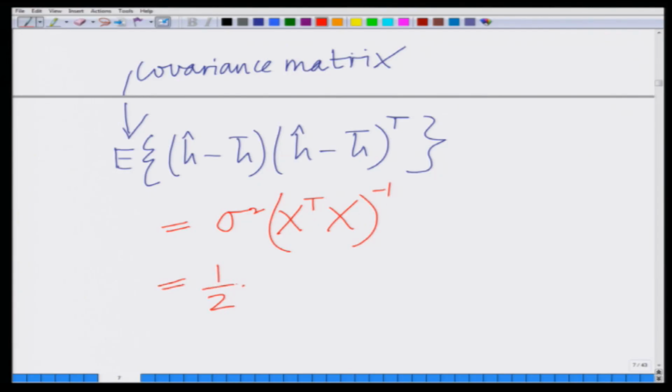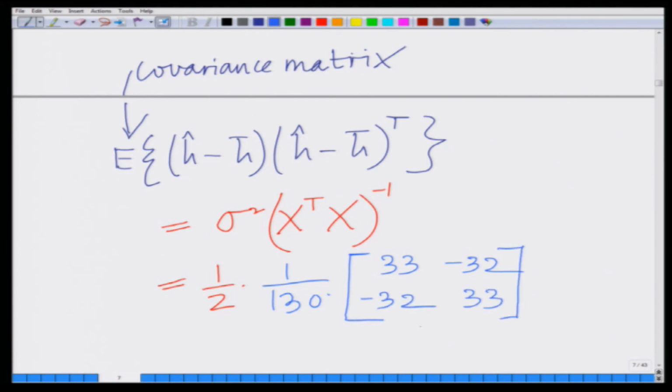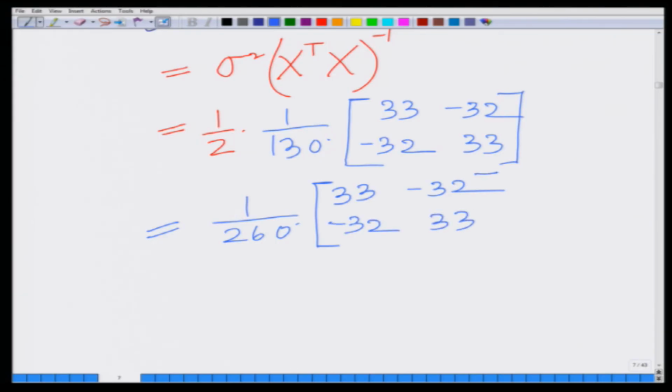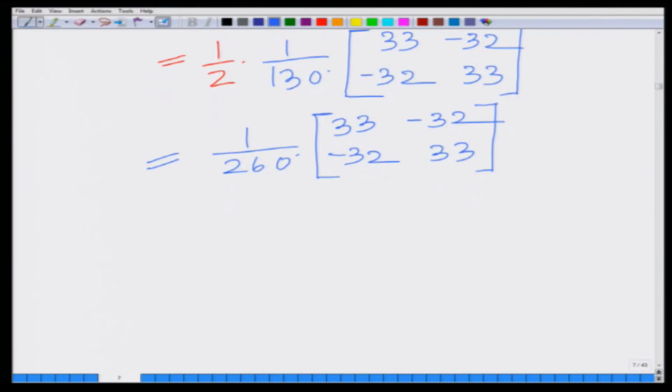Sigma square we have calculated is half, and x transpose x inverse is also something we have calculated before, that is 1 over 130 times [33, -32; -32, 33], which is equal to 1 over 260 times [33, -32; -32, 33], and therefore now I can write this as the 2 cross 2 matrix.